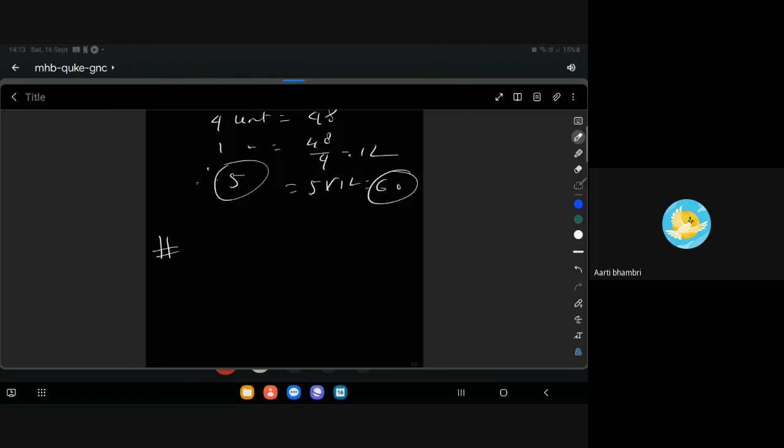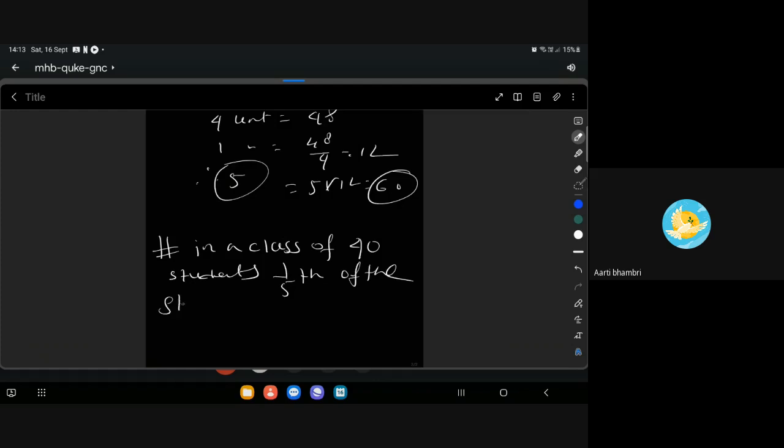Then another problem. Suppose in a class of 40 students, one fifth of the total students eat only rice.